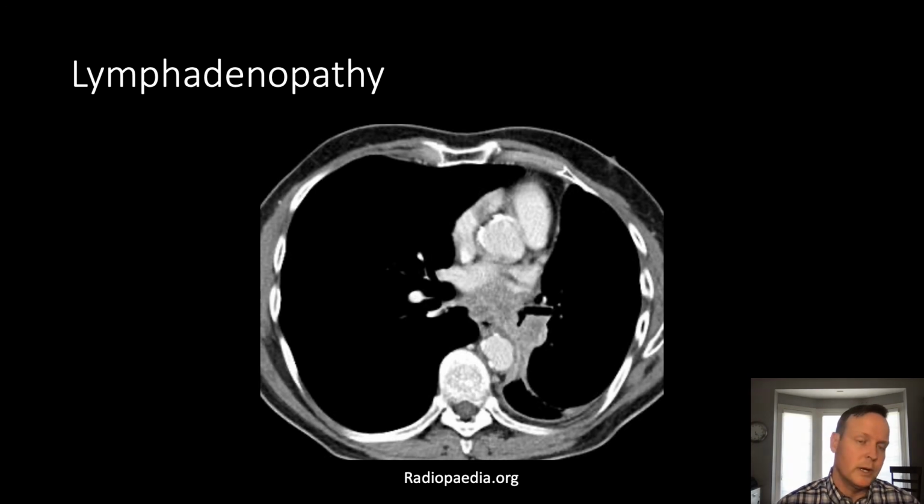And then you're also going to want to be looking for lymph nodes in the axilla as well as in the neck base and subcarinal distribution. There are other lymph node groups, but those are going to be the most commonly affected by malignancy in the chest. And again, lymphadenopathy is a non-specific finding, but as they increase in size and also as they develop some atypical features, your concern for malignancy will increase.